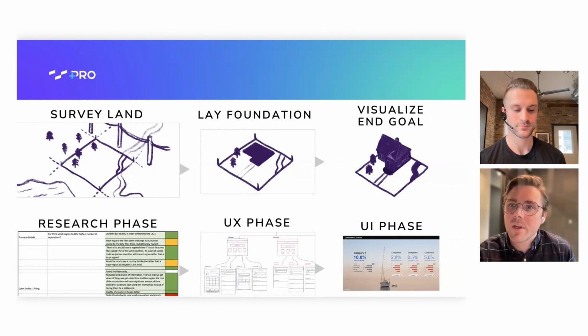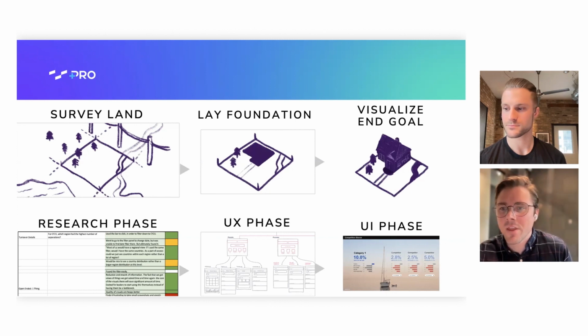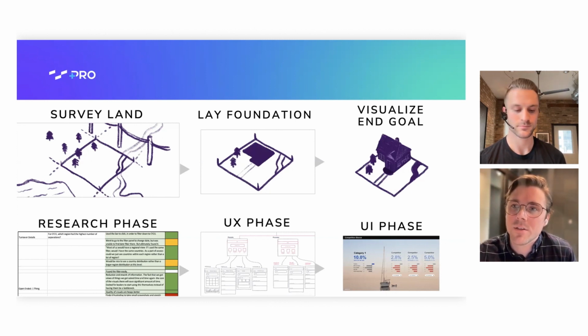Then we do the UX phase, where we figure out how many screens are involved, how they link together, what the hierarchy is, and what those things are called. And then we get to visualize it by putting out mock-ups that say, here's the font you're going to use, here's the size of it, here's the text you're going to use, all the colors. That's visualizing the end goal, right?